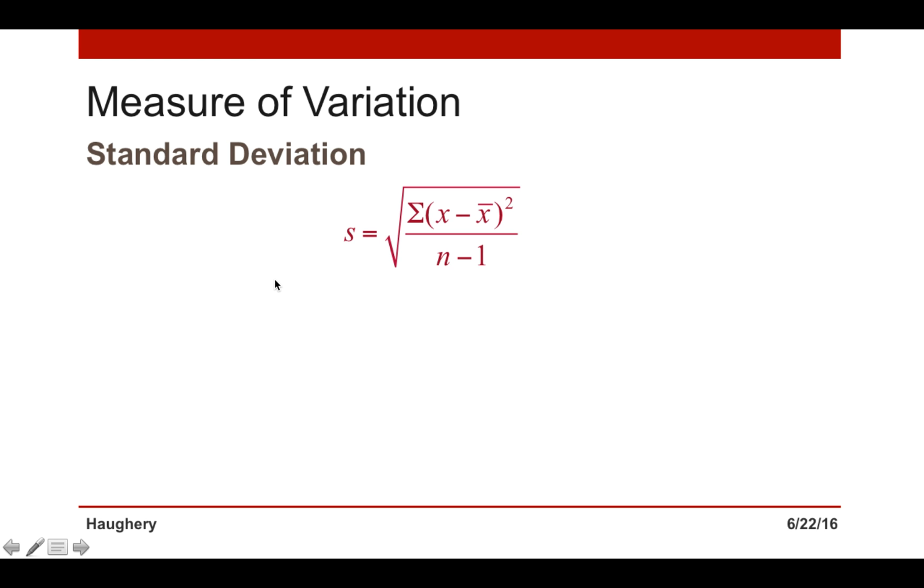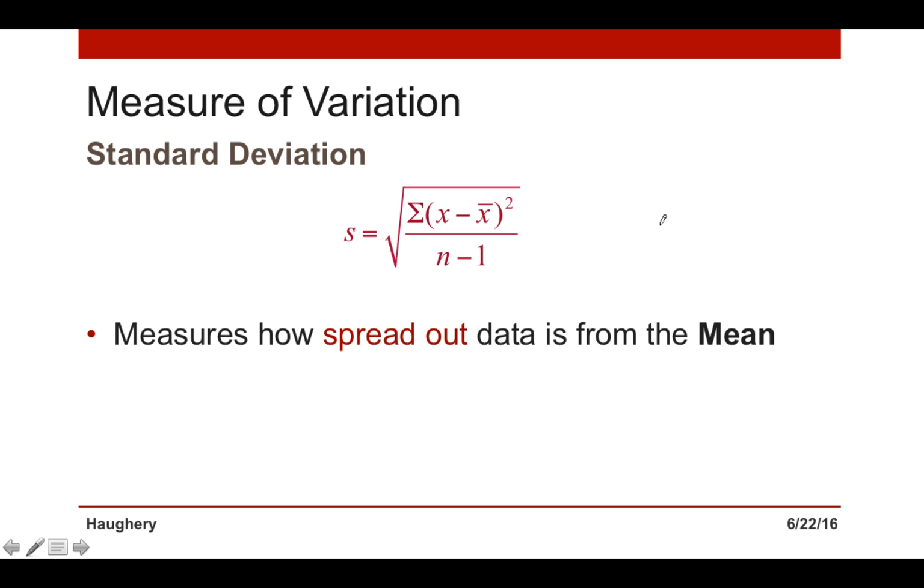Standard deviation is a little more intricate. Basically, when we calculate standard deviation, we're measuring again how spread out the data is from the mean. So we have the mean, x bar, and we're asking how far away from the mean our data set is. If you notice, the top part of that fraction is very similar to how we calculate error.